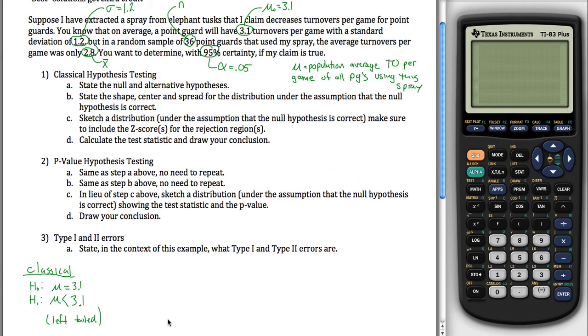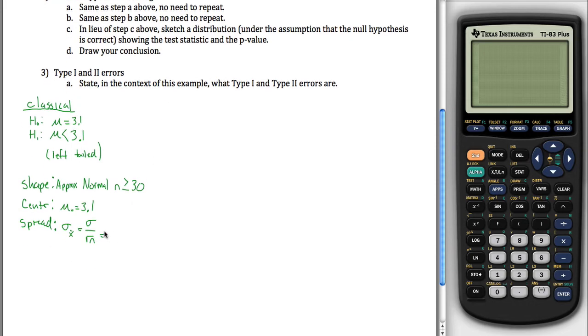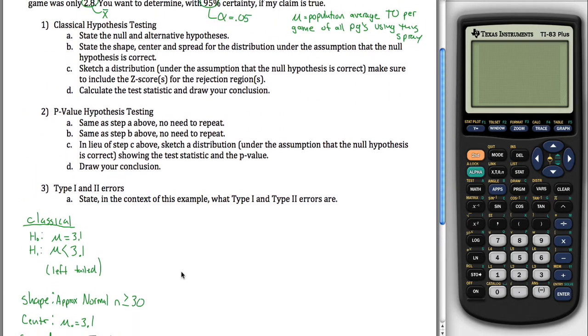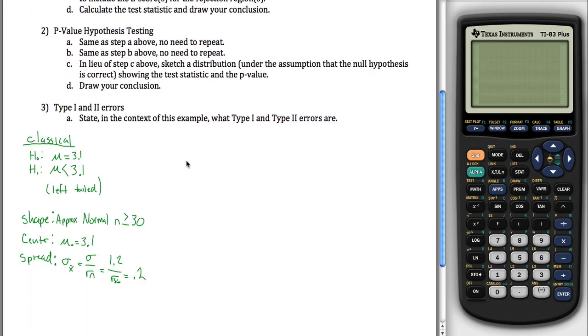Did I make these numbers work out nicely? I did. Sigma was 1.2, and 1.2 over the square root of 36 is 1.2 divided by 6, which is 0.2. Shape, center, spread.